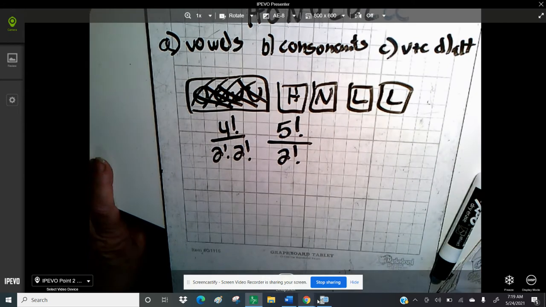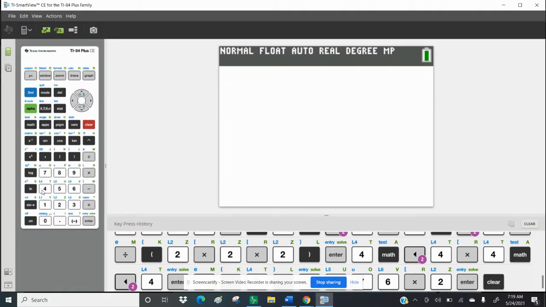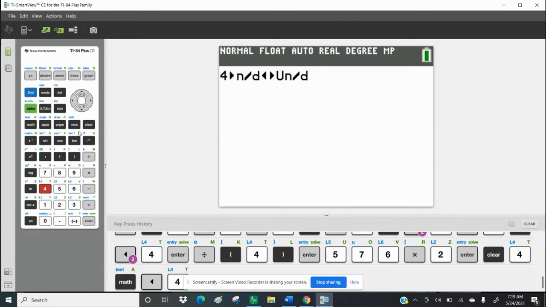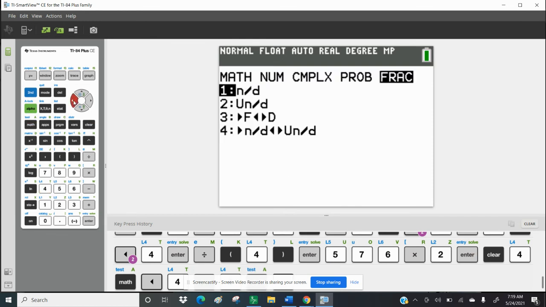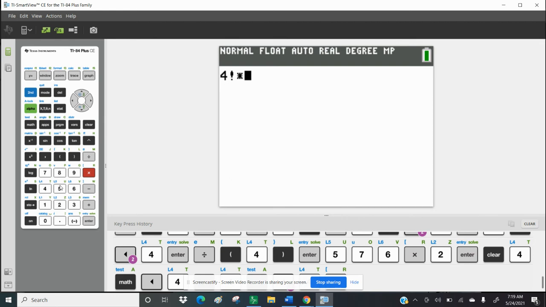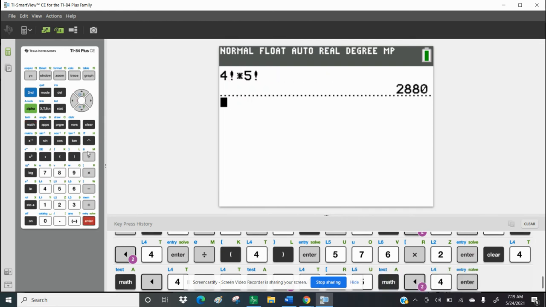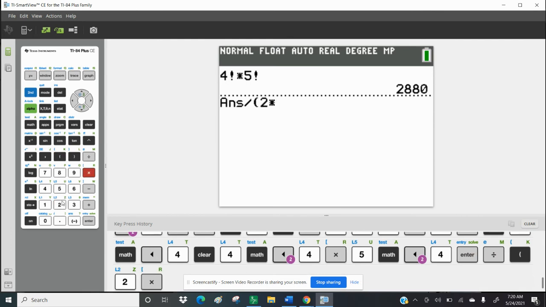So you're going to go to your calculator, and you're going to go 4 factorial times 5 factorial. And I'm going to divide that by 2 factorial, 2 factorial, 2 factorial. But that's the same thing as saying 2 times 2 times 2. And I have to put that in parentheses. And I'm going to get 360.